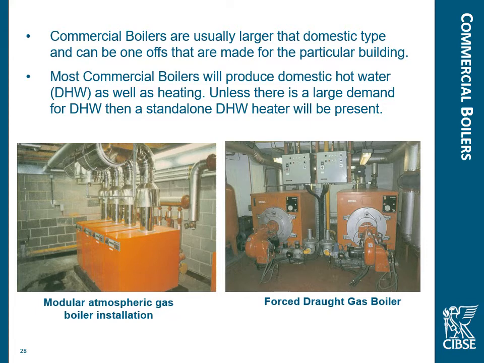So if we have one large boiler that's just ticking over, it's not particularly efficient. So what we tend to do is have one boiler working hard, and as more and more heat is needed, more and more boilers come online. It also gives us the additional benefit that when one of them breaks down, we can maintain that one and use the other boilers in the system.